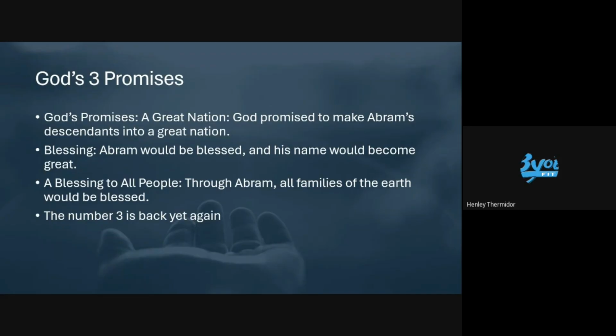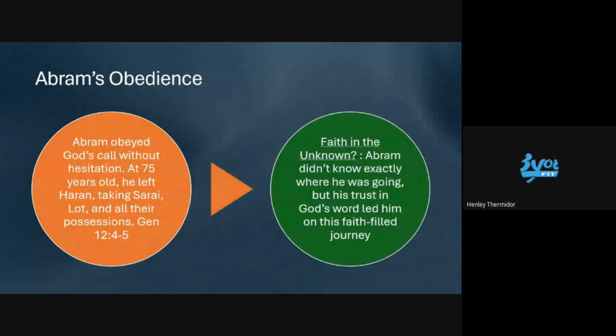Now, as we talked about two Bible studies ago, we talked about the numbers that are going to be reoccurring. Three is the number that reoccurs a lot in Abraham's story. So, Genesis 12, verses 4 to 5, we have Abram obeying God's call without hesitation.